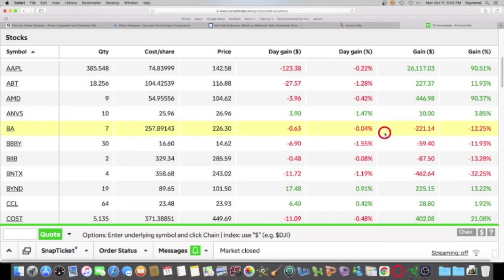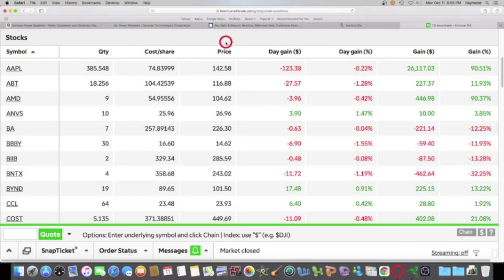So let me tell you guys what you're looking at. Over here to the left, it says symbol. That is the stock ticker of all the stocks that I own in that column. Here is quantity. This is the number of shares of each stock that I own. This is cost share. Let's keep it simple. Just think of this as the average price per share of each stock that I bought.